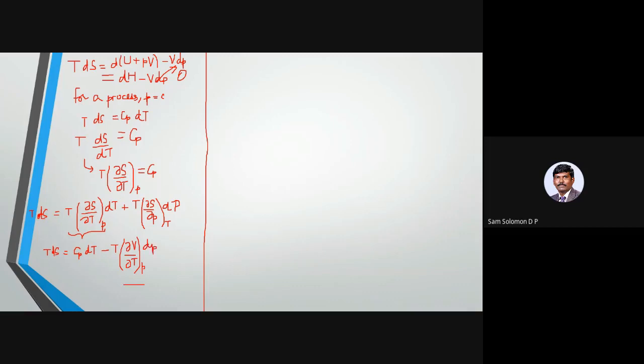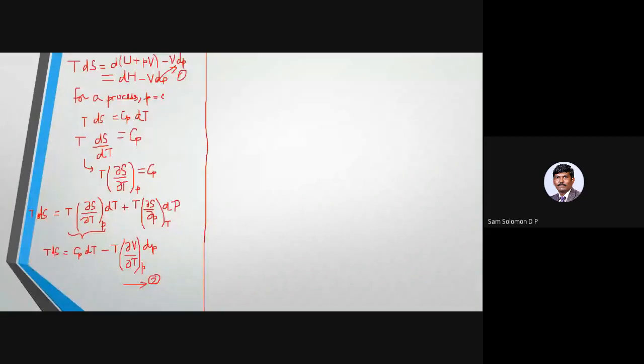This equation is called the second TdS equation. So we have one TdS equation in terms of Cv, and another TdS equation in terms of Cp. These two equations we will use.